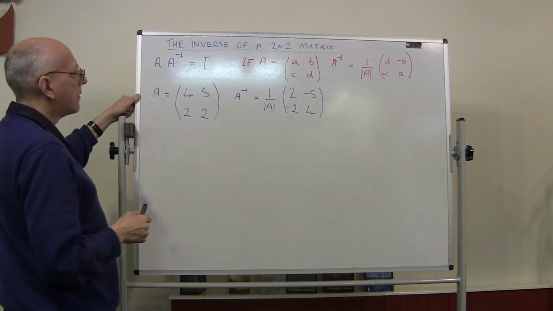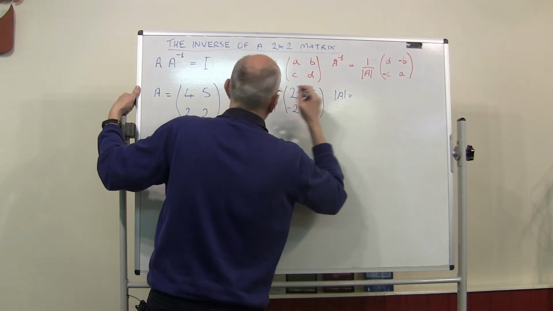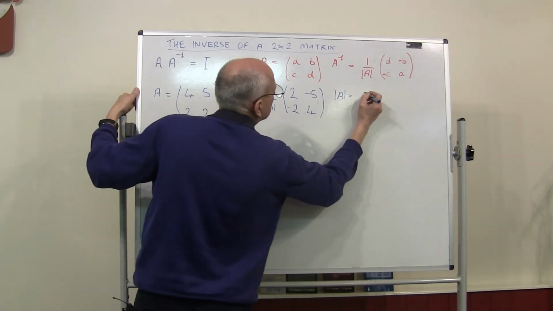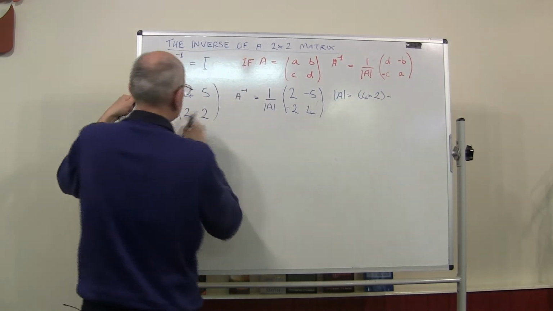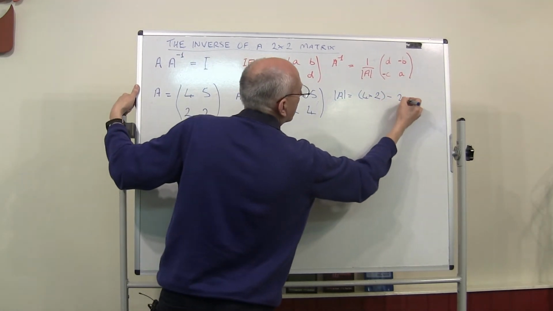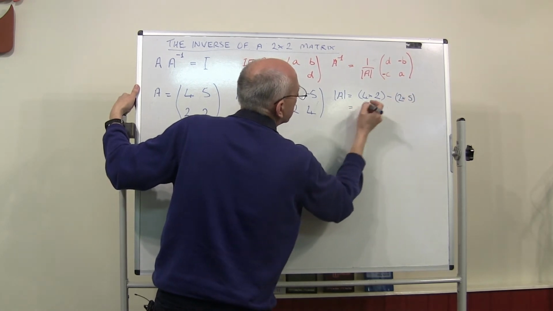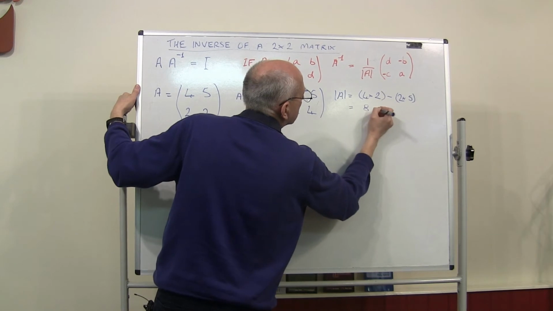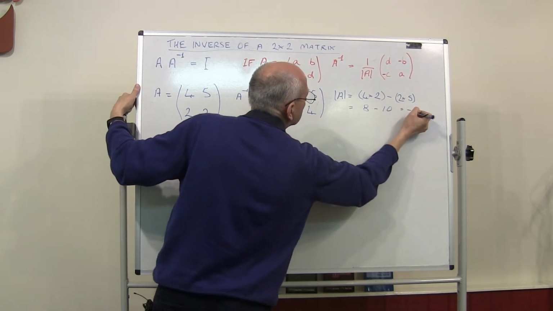Right, what's the determinant of A? So the determinant of A is 4 times 2 minus 2 times 5. Okay, which gives me 8 minus 10, or minus 2.